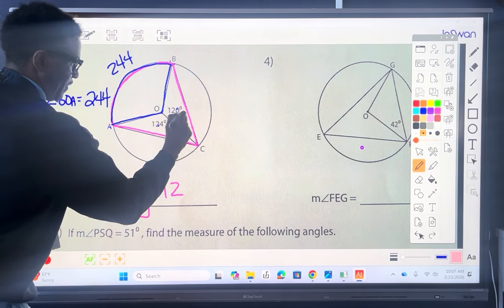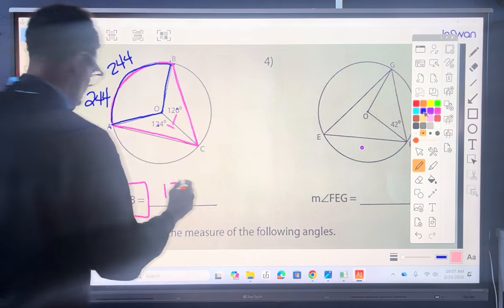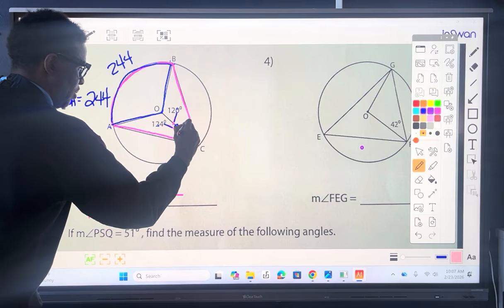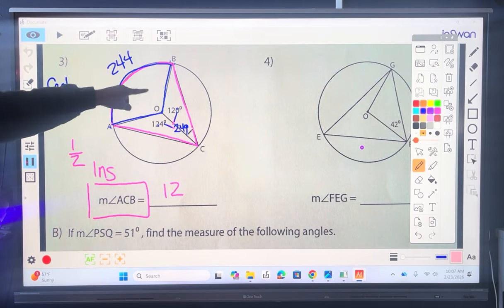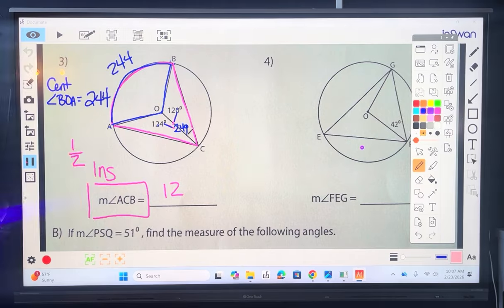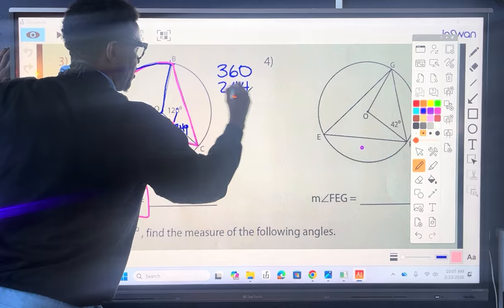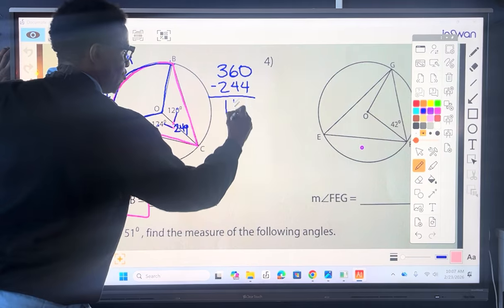That means these two. Sorry. The door threw me off. No, these two angles add up to 244, making this what? 116. You gotta take 360 minus 244. That makes 116.